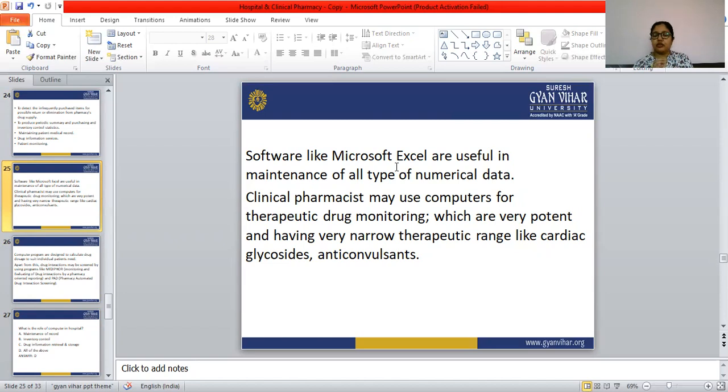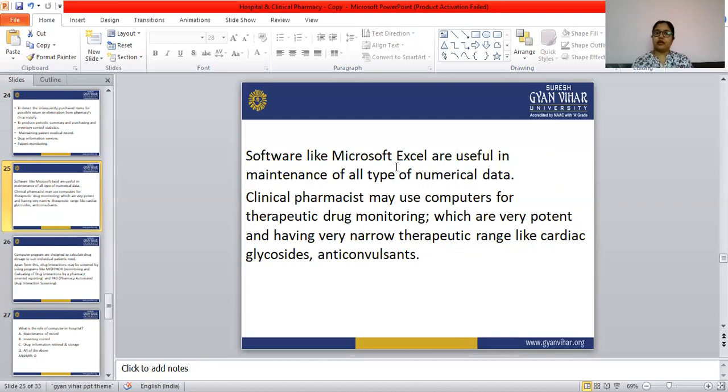Means if we want to save the patient's record, if we want to manage the patient record, then first we have to create this Microsoft Excel in our computer, and then we have to feed all the data available for the patients. And we can do it in a particular good manner in Microsoft Excel.